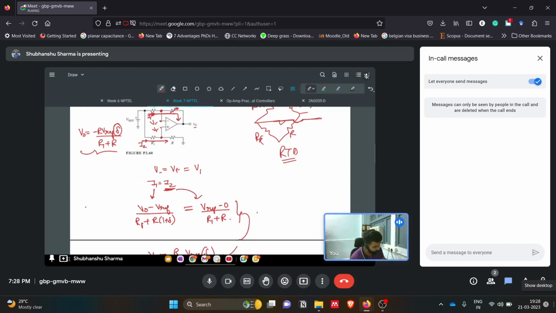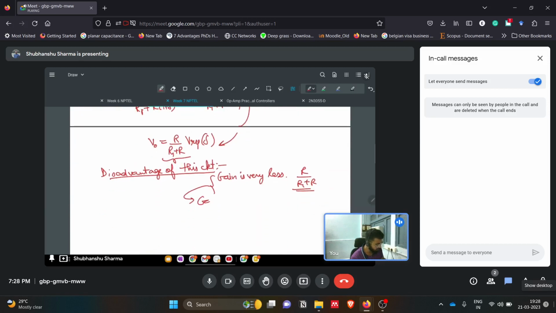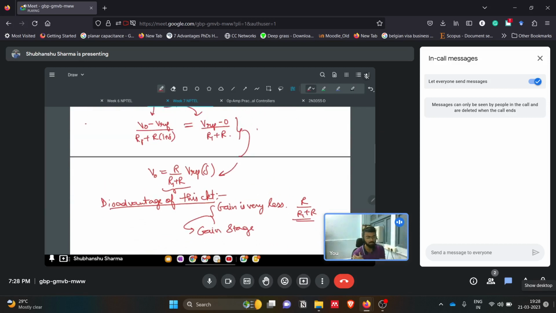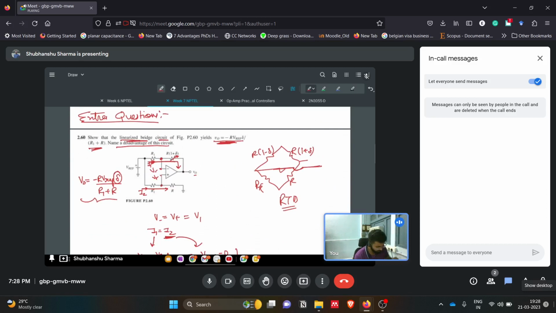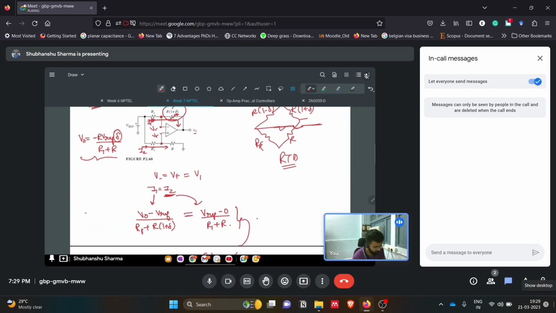In this case, since the gain is less, we will have to use a gain stage also, so unnecessarily we use another stage. This is one of the disadvantages of this circuit. So what we saw in this question is a circuit which can linearize the changing resistance value, and we get an output directly proportional to only delta.